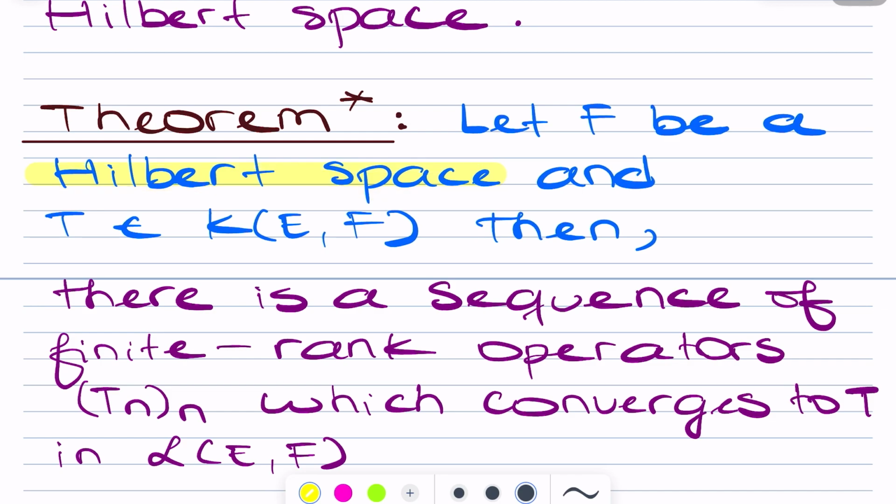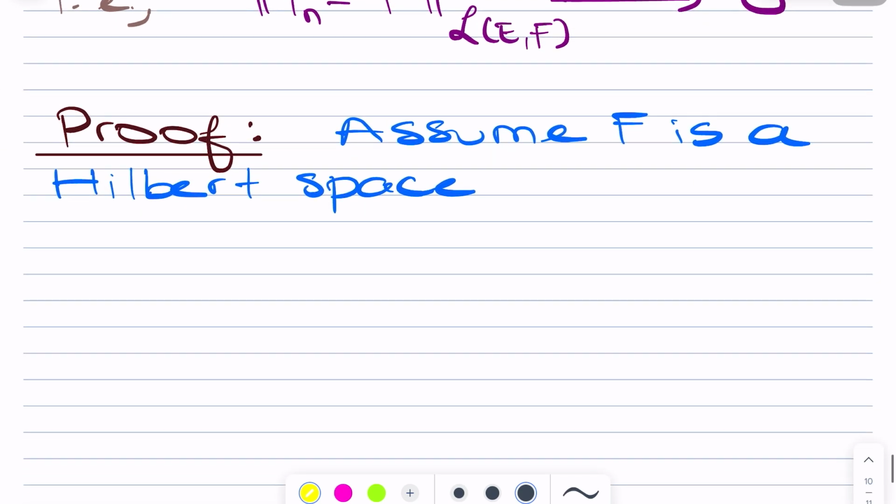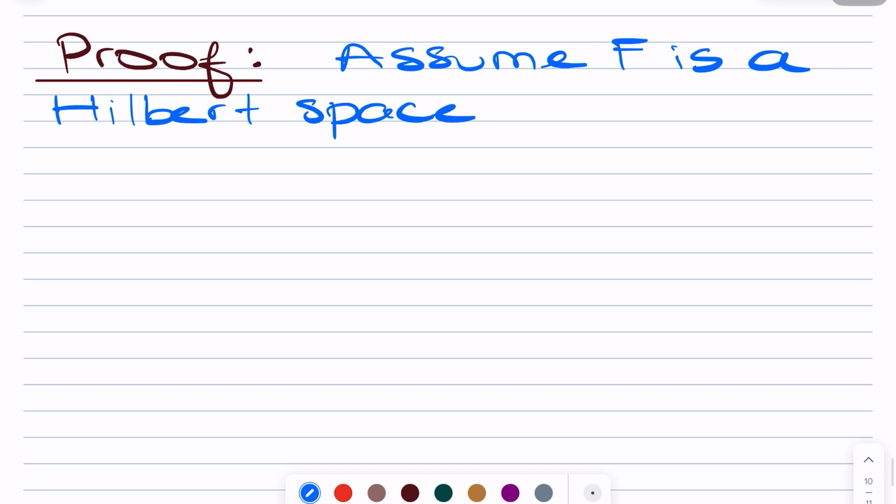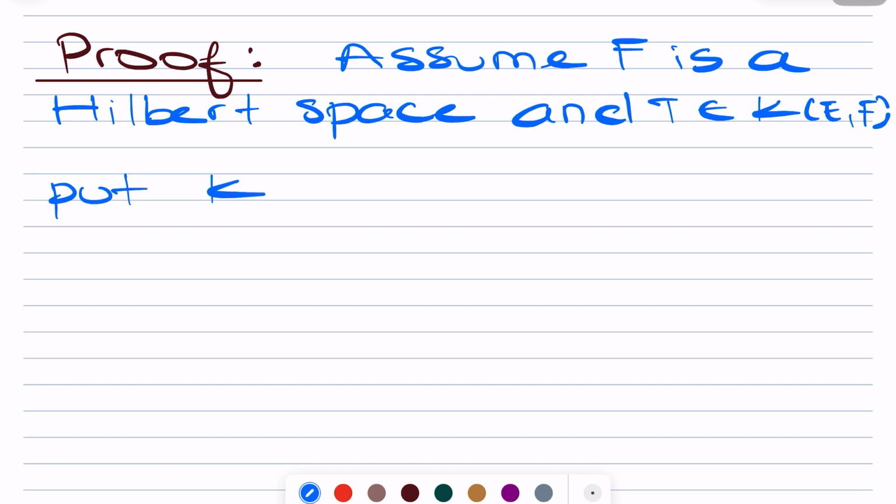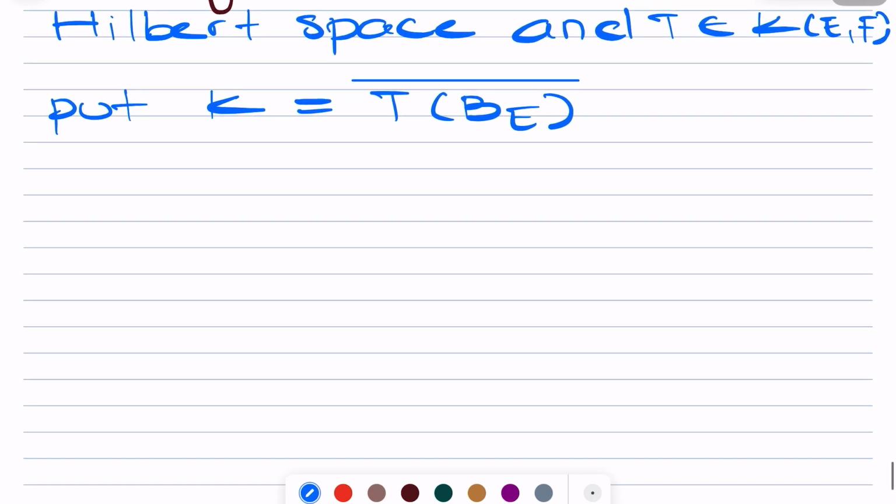So assume F is a Hilbert space, and T a compact operator from E into F. Now put K to be the closure of the image of the closed unit ball via T.